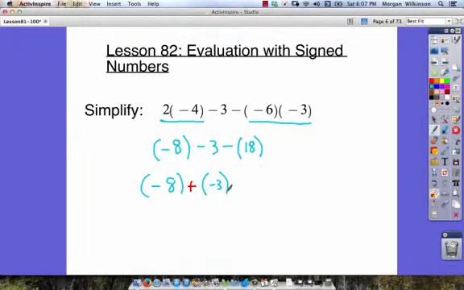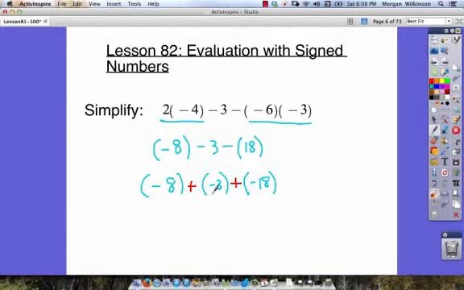It's easier to think about these problems when we're always adding rather than adding and subtracting. So instead of saying minus 18, we're going to push the negative into the 18, and say plus negative 18.